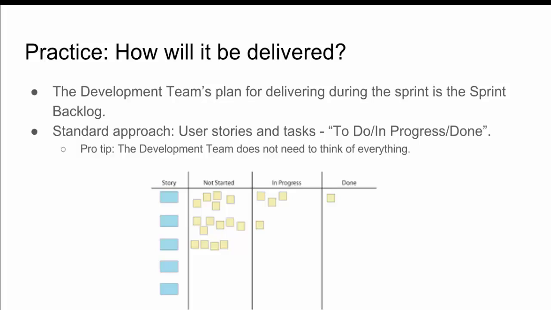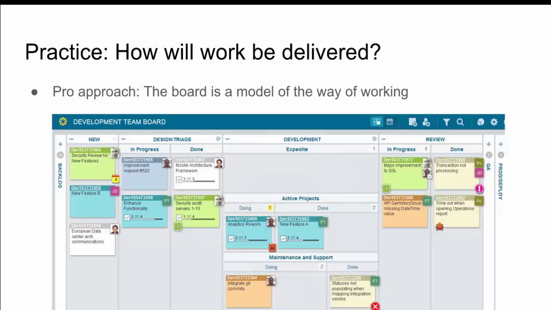I'm going to suggest 2 ways to enhance this. Way number 1 is to think about the board not just as a to-do list, but as a model of the way of working. So here you see a more sophisticated board, which shows information that is expedited, active projects, and maintenance and support. In addition, there's a review section where the work is reviewed.